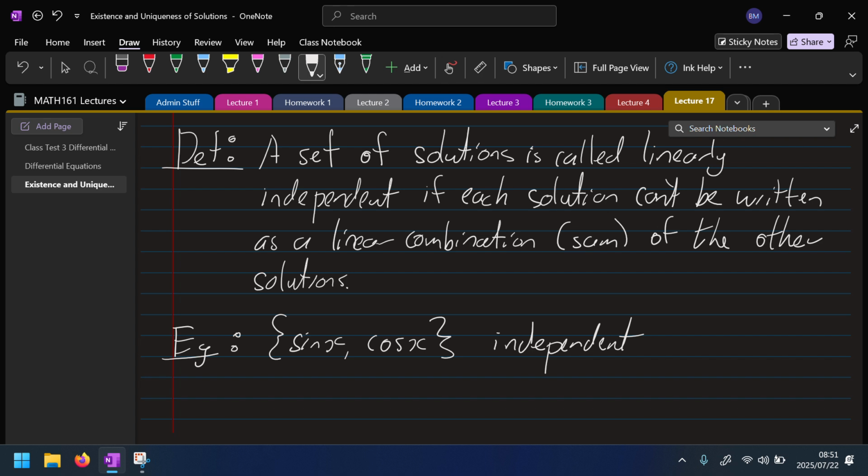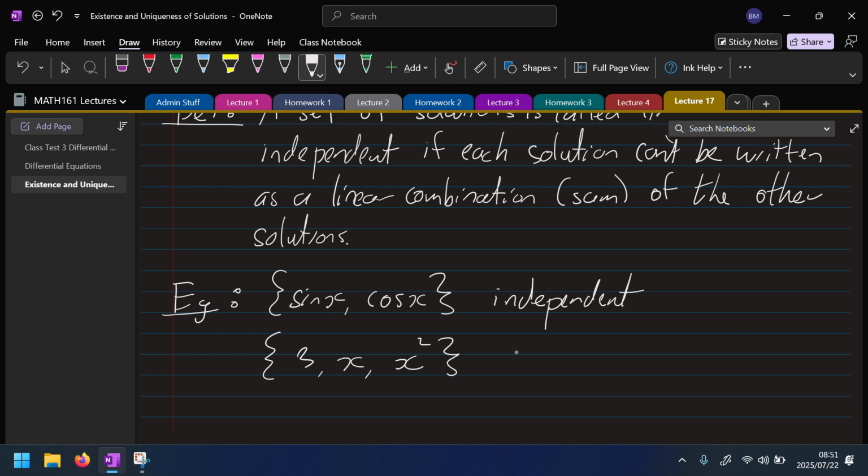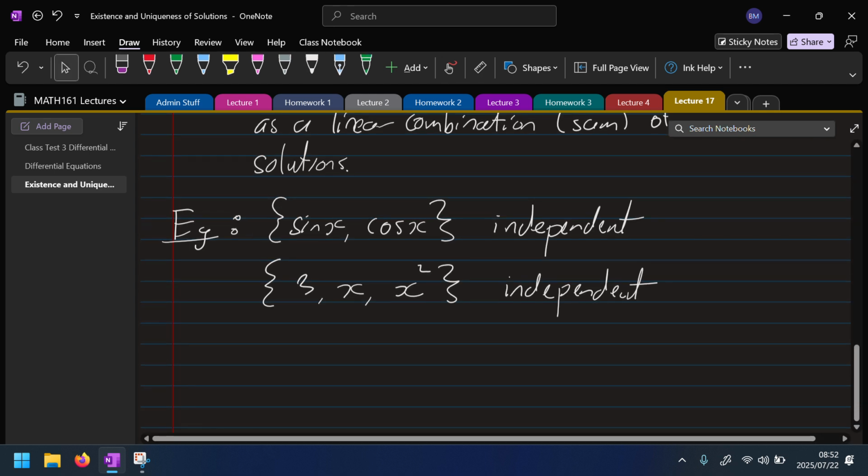It will never become cos x. They are independent of each other. Okay, another example, 3x and x squared. These are also independent. You take x, you multiply it by any number you like, it will never become x squared. You take x squared, you can multiply it by whatever number you like, it will never become 3x. Those are independent.